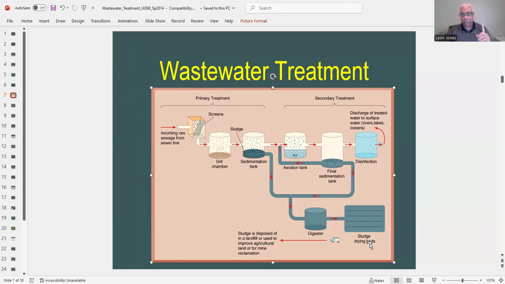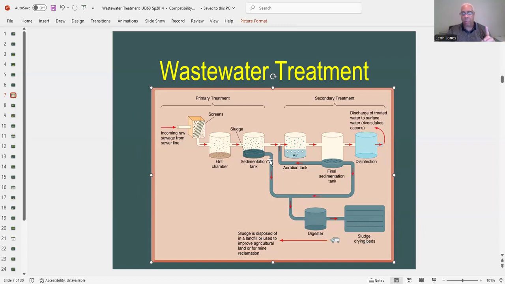Now, also, you have a secondary tank, or you have secondary treatment. So if you see, the flow can go two ways. Now, I just showed you how the flow goes from the sedimentation tank to the digester to the sludge drying beds and out through a truck. That's all in the primary treatment.